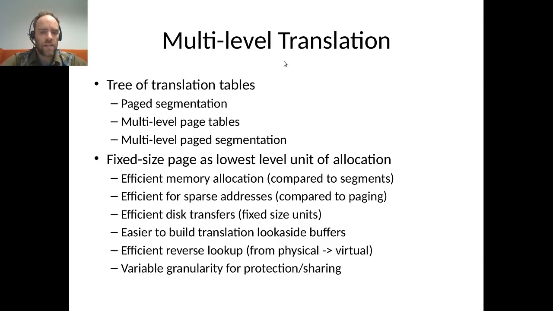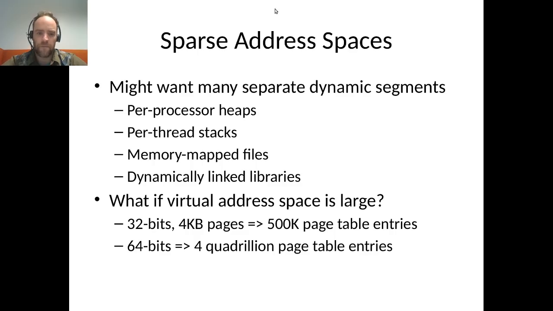So to address this, we move one step farther, and we're not going to visit this too deeply in detail, but suffice to say, this starts on page 385, multi-level translation. This is essentially just combining, for example, segmented translation with paged translation, or having multi-level paging where you have multiple levels of page tables. These are more hierarchical approaches that attempt to address this issue of sparsity in the virtual address space.